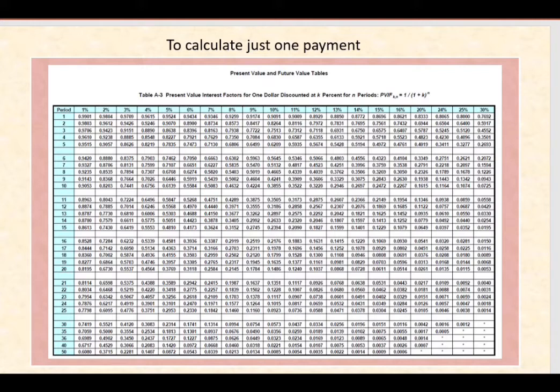For example, if we are going to pay 2000 in 2023, which means in the second year, and the interest rate is 7%, then we just go to the second year and 7%, which is 0.8734. We times this with 2000, and the present value of the 2000 is 1747. So this is how we use this table to calculate the present value of the future payments.